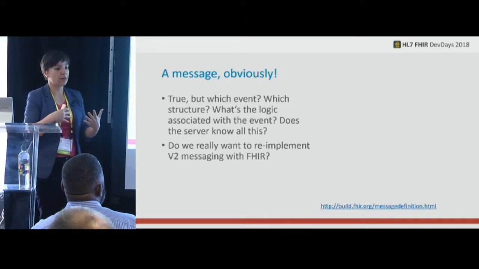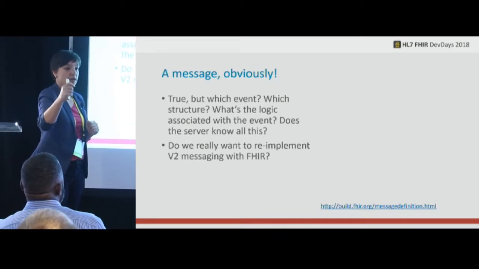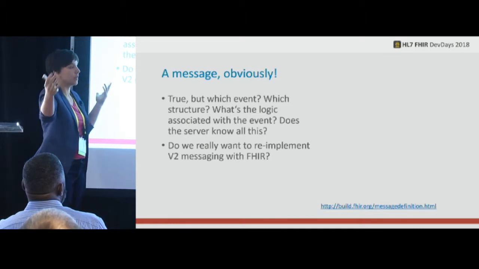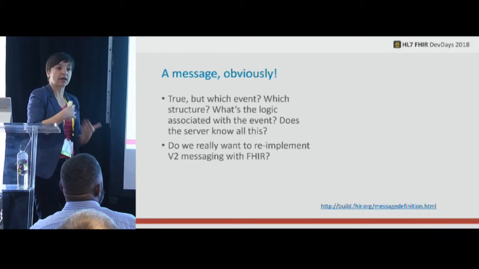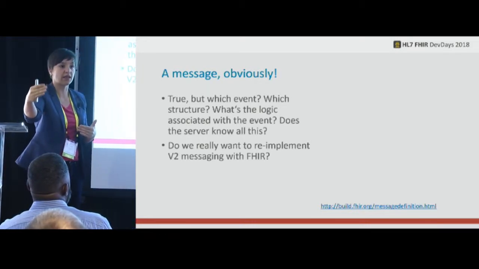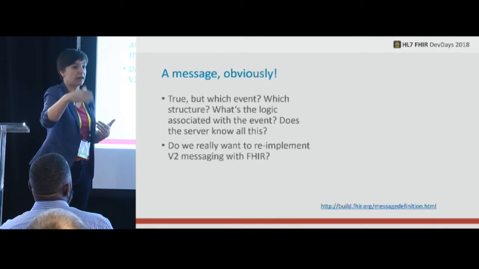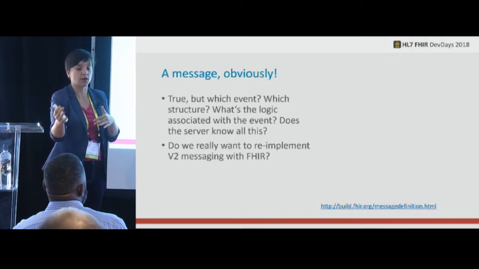So first of all, we would have to have an understanding on the FHIR server side what ADT-A01 means, or whatever kind of other FHIR-based event we want to map this to. And also there needs to be some common understanding between client and server what this message is supposed to contain. Does this event always come with a patient and an encounter, or does it sometimes only have an encounter and not a patient?